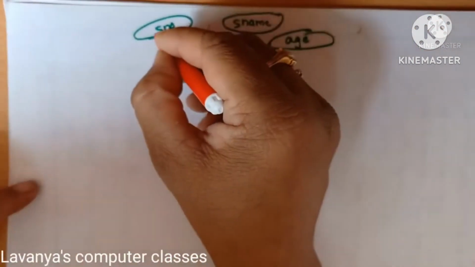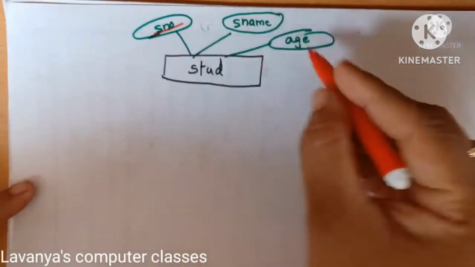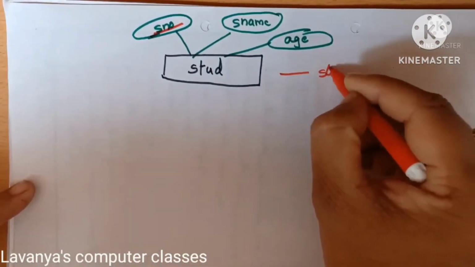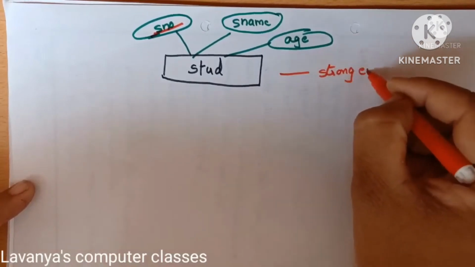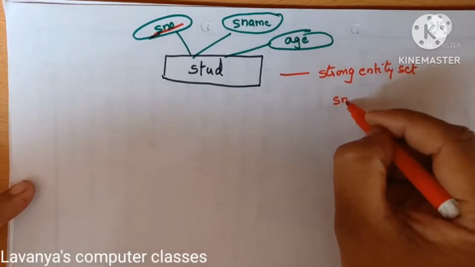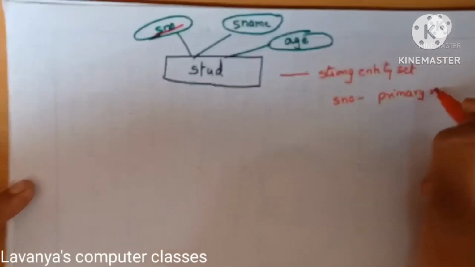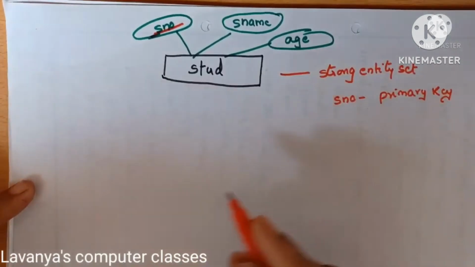That is the serial number. So we underline the serial number. Any entity with a primary key attribute is known as a strong entity set. This is the strong entity set representation. In this, serial number is the primary key attribute. So through this one we can easily identify.